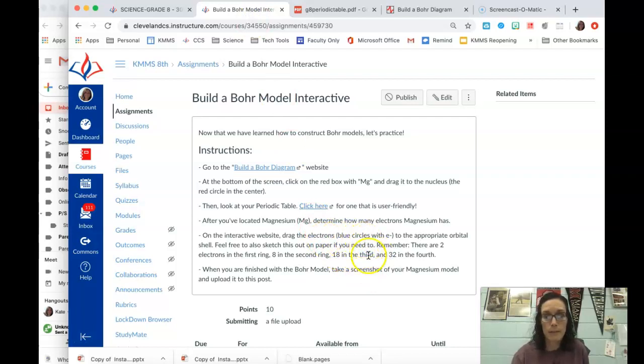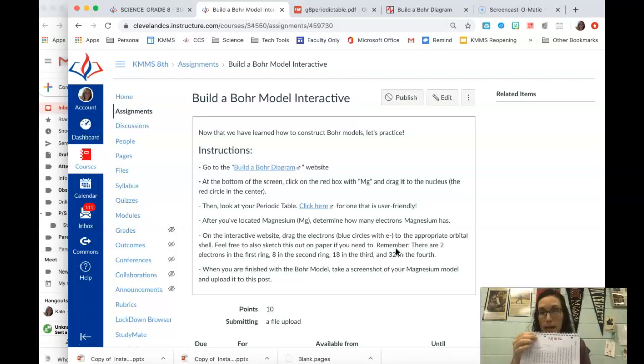Let me go back here for just a minute. I gave you some tips in here, and I had written these at the top of my periodic table. A good thing to remember is that in the first orbital shell or ring, you have 2 electrons. In the second ring or orbital shell, you have 8 electrons. The third ring is going to be 18, and the fourth is 32.